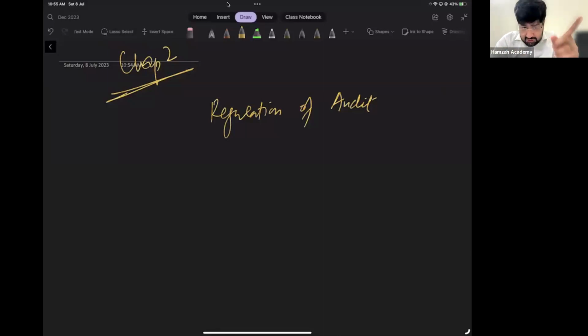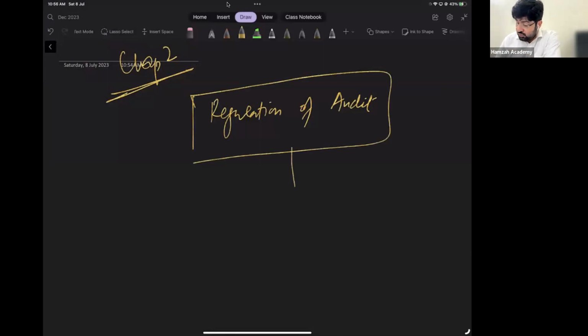And if an auditor does not do that, there may be disciplinary action, penalties, possibility is there. So regulation of audits. Two sources.